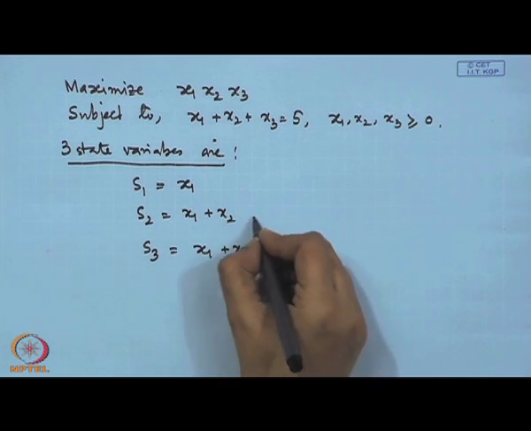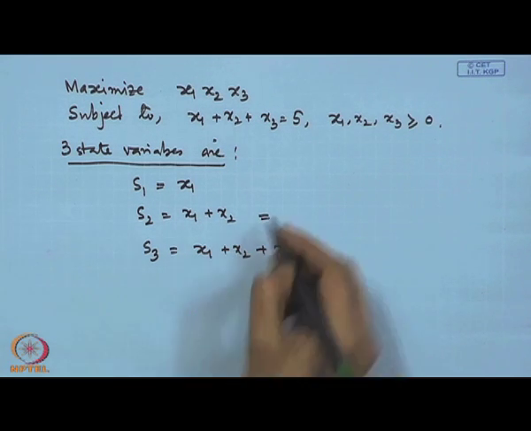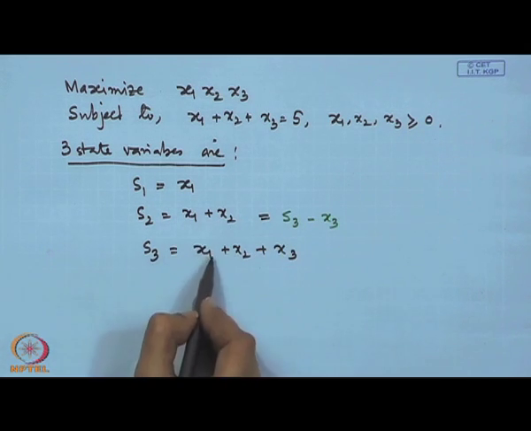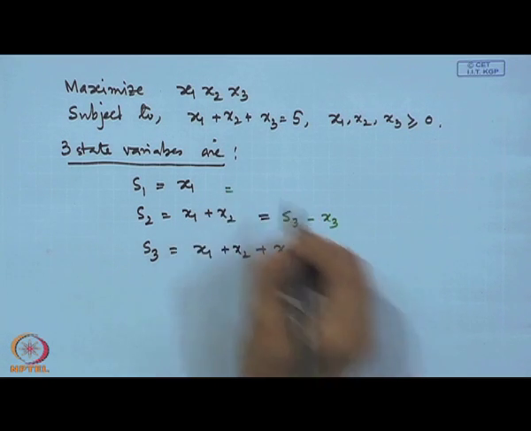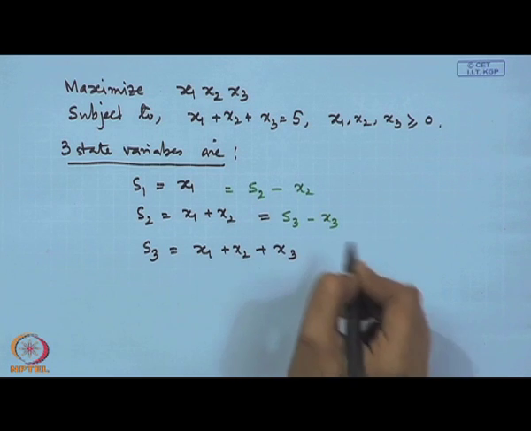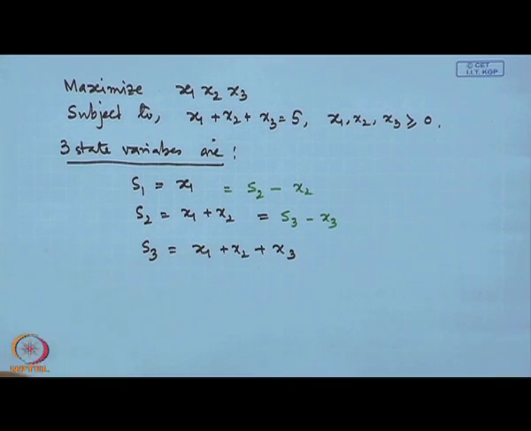If this is so, we can write it as, just see, these are the state transformation equations: S3 minus x3, because x1 plus x2 comes from here, and if I move to the next, this is equal to S2 minus x2. These state transformation equations are very important for finding the optimal solution.